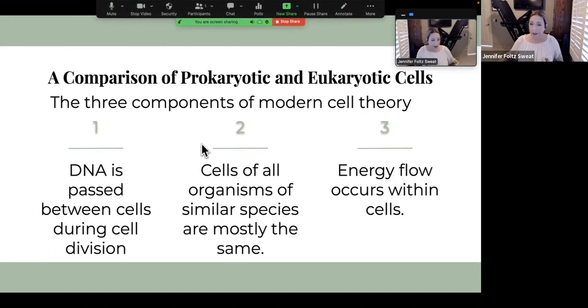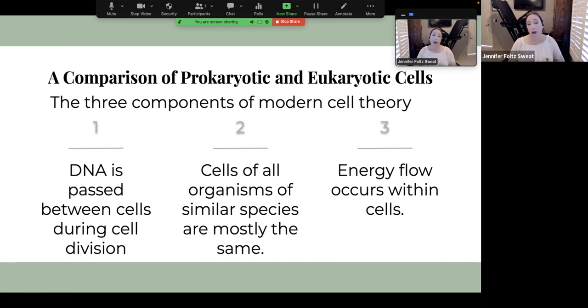Since science has advanced and we have learned more about cells, we have added 3 more components to the cell theory, and we call this modern cell theory. Number 1, DNA is passed between cells during cell division. This occurs in multicellular and unicellular cell division.